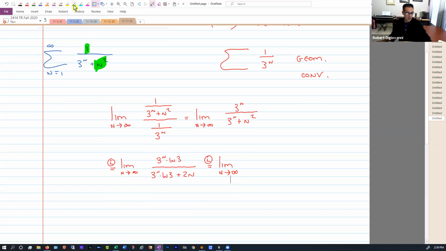On the top, remember natural log of 3 is just a constant. So the derivative of 3 to the n a second time is itself times natural log of 3, but I already had a natural log of 3 there. And on the bottom, I have 3 to the n, another natural log of 3, and I had a natural log of 3, and then plus 2.